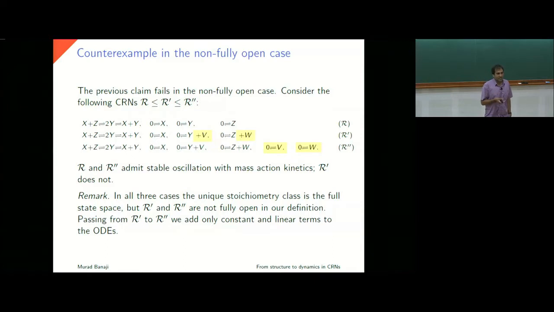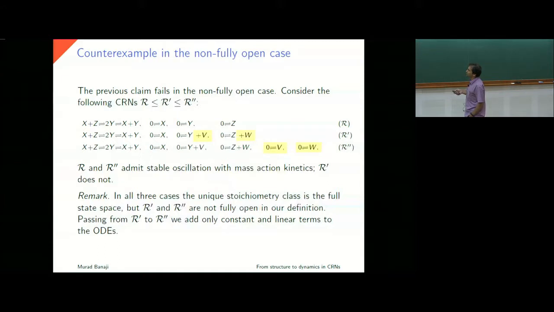Now, interestingly, this claim fails if we get rid of the assumption that the networks are fully open. And here's a little example of how making a network more complicated can actually destroy interesting behaviors. The first of these three chemical reaction systems here, what I've called R, admits oscillation. You can find it in numerical simulations quite easily. You'll see the variables oscillating for certain choices of rate constants.